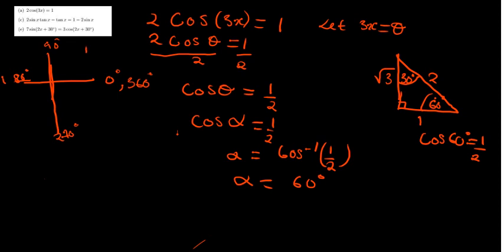So this is the first quadrant, second, third, then fourth. The angle we have found lies in the first quadrant, so that is the 60 we want to find.